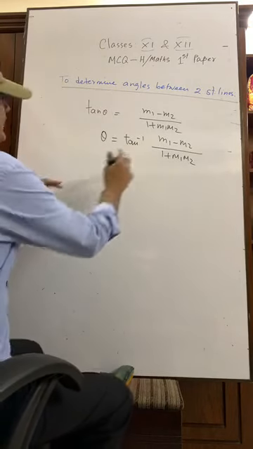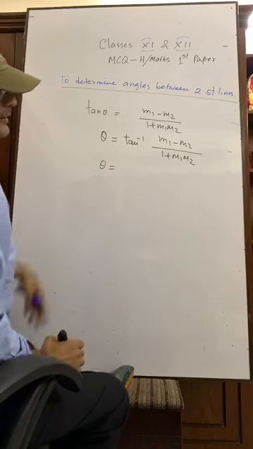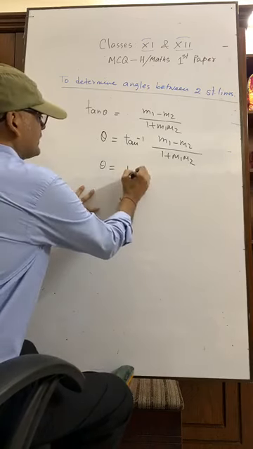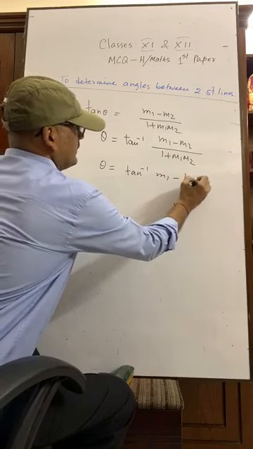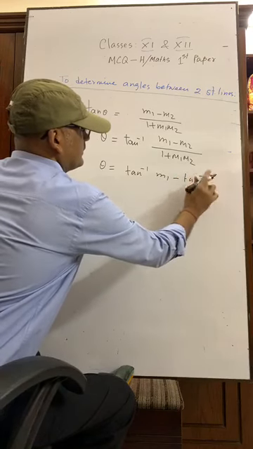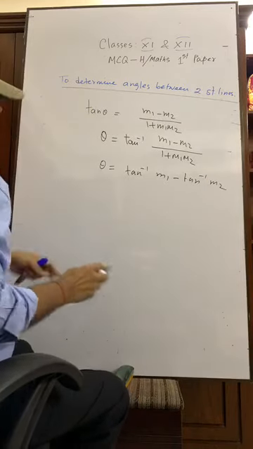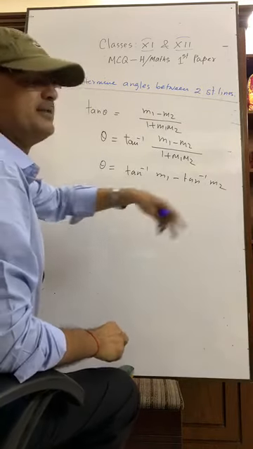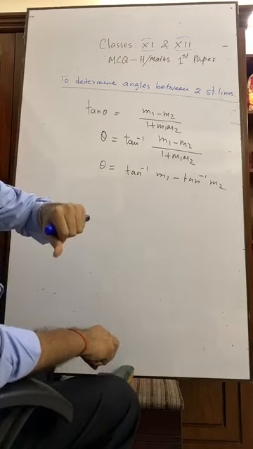And you know its formula, what is the formula? Can you tell me? Tan inverse m1 minus tan inverse m2. This is the formula. Tan inverse x minus tan inverse y equals tan inverse of x minus y by 1 plus xy.